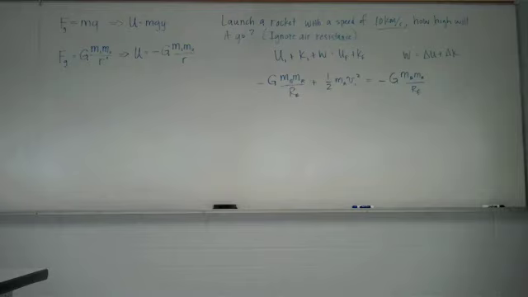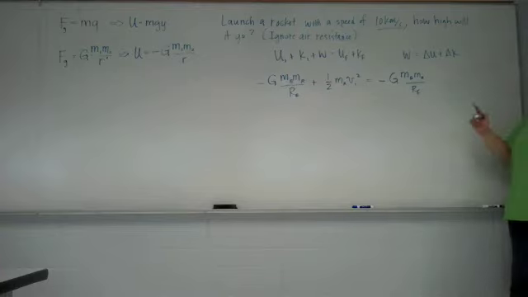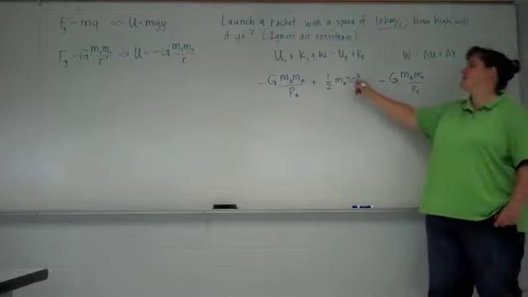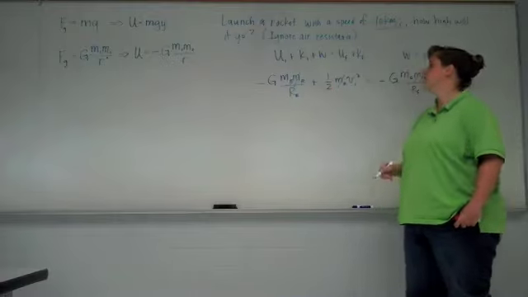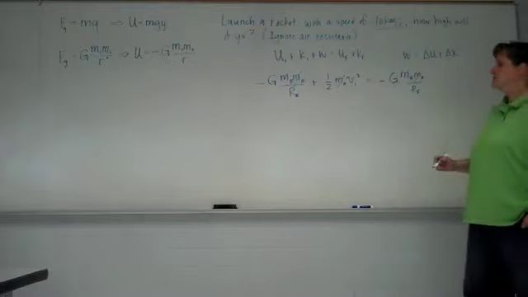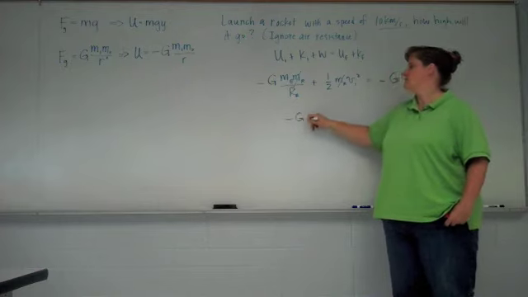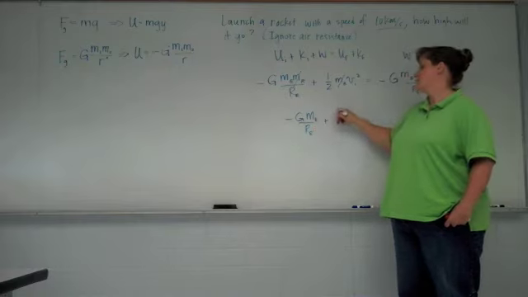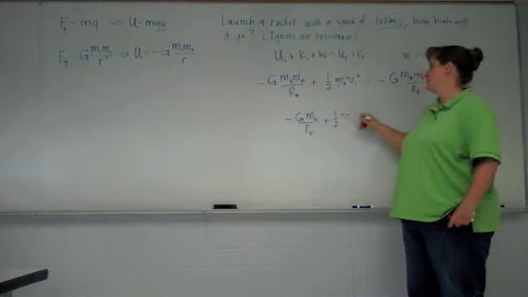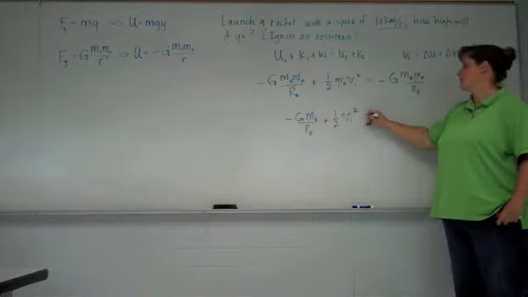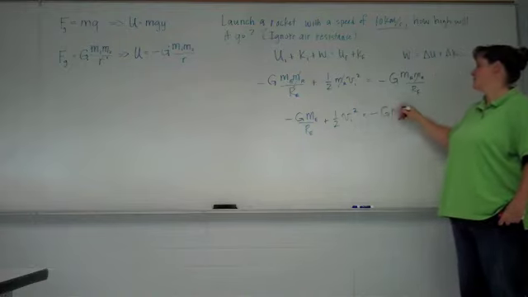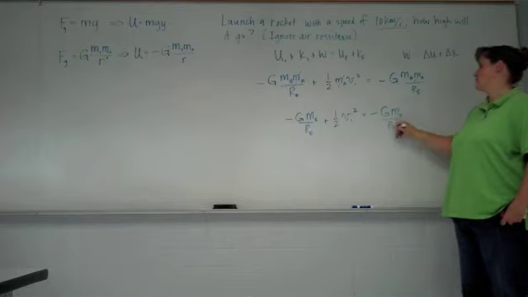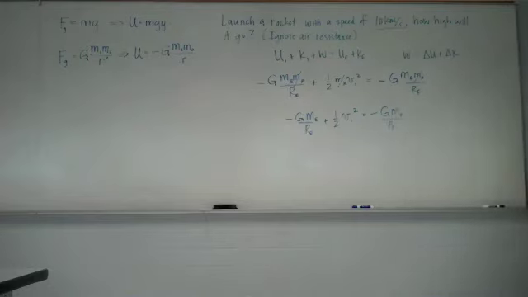So the main difference is that you will have potential energy initially and finally in your equation. Turns out there's a mass of the rocket in every term. We know big G, that's a constant.